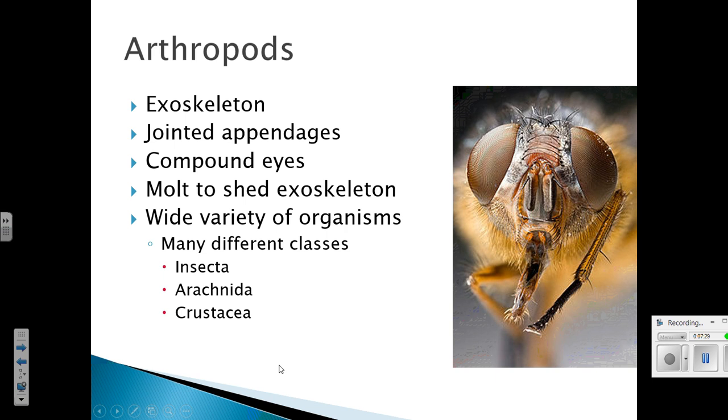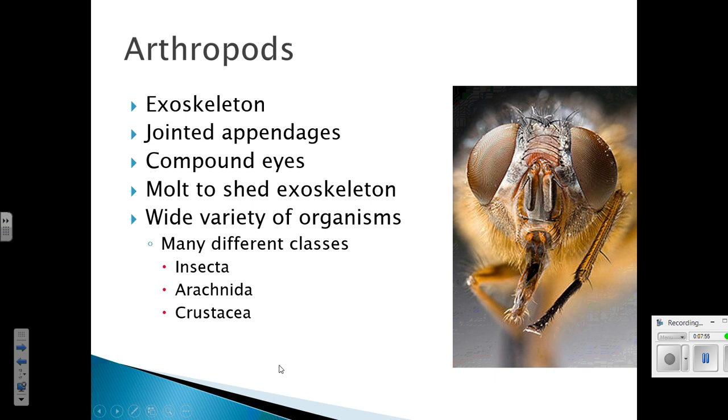Okay, arthropods, probably one of the largest phyla because there's a lot of different kinds of arthropods. So they have an exoskeleton. They have jointed appendages, which is what their name means. Arthro means joint. Like if you have arthritis, you have joint pain. And pod means foot. So they basically have jointed feet. They're going to have compound eyes, so they're going to have many, many lenses on their eyes.